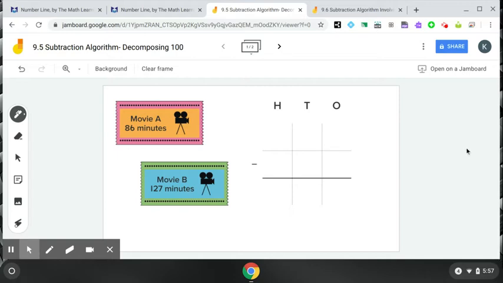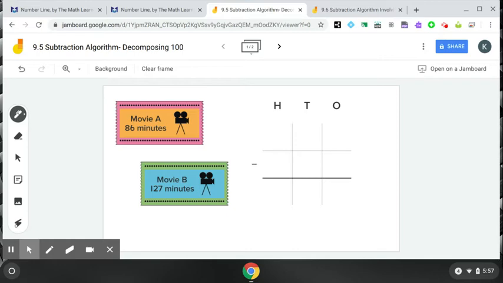Over next to the movie numbers, we have our algorithm set up, and you can see we have our hundreds, tens, and ones place all set up. We need to begin by choosing which of the numbers to put on top. Which movie do you think belongs on top?